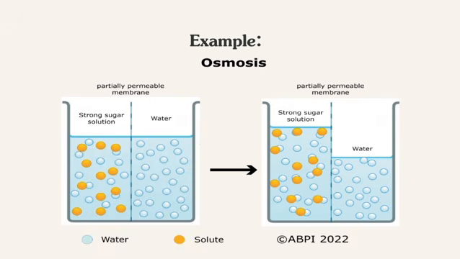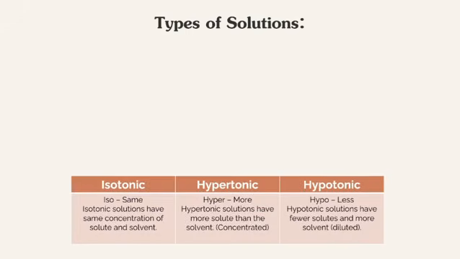After some time, for example after 30 minutes, you will notice, as you can see in the other diagram, that the water level will decrease, because water, which had a high water potential, has moved to the strong sugar solution because it had a low water potential. So osmosis takes place here, and water moves from an area of high water potential to an area of low water potential.